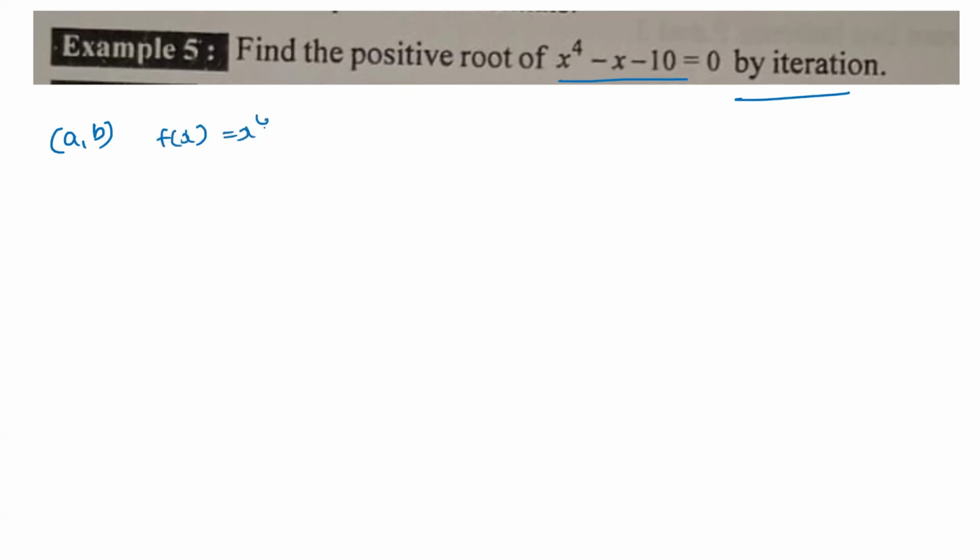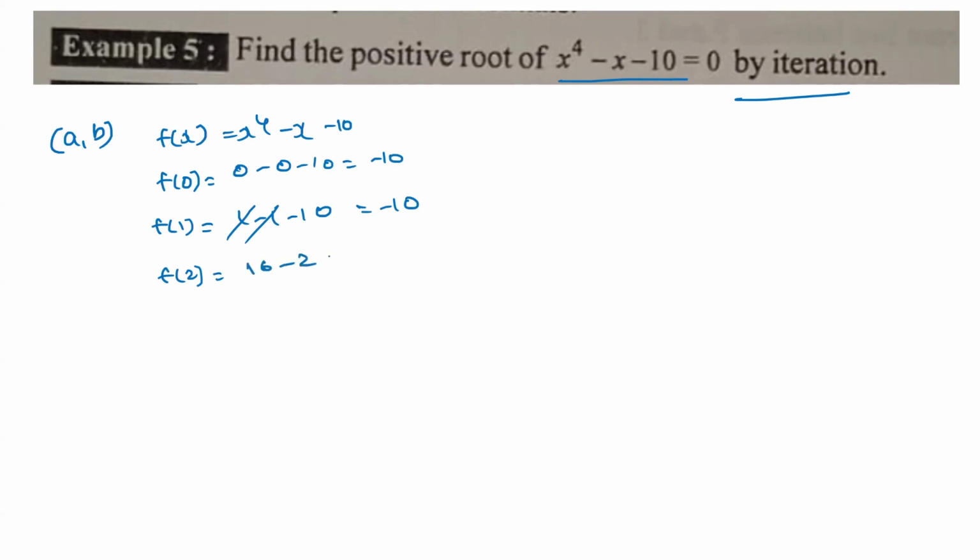f of x is equal to x power 4 minus x minus 10. If you substitute, f of 0 is equal to 0 minus 10, which is minus 10, and f of 1 is equal to 1 minus 1 minus 10, which is minus 10, and f of 2 is equal to 2 power 4, which is 16, 16 minus 2 minus 10, which is equal to 4.